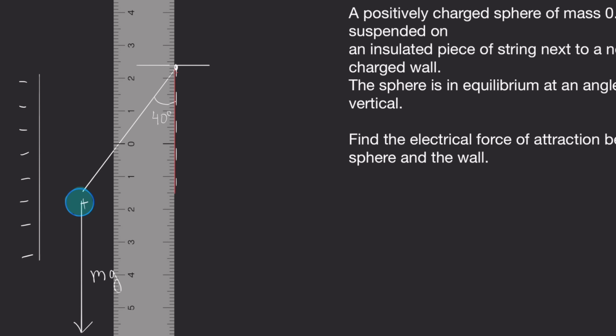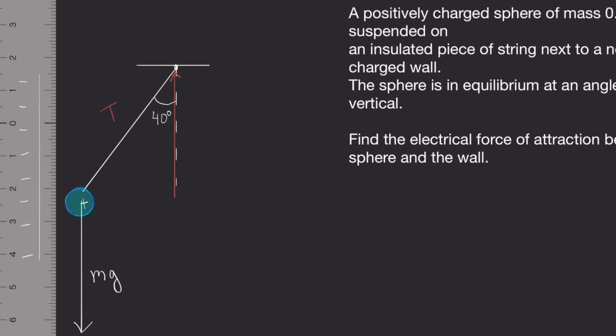So the tension can be resolved into two components. Let's call this one T. This one here could be T cosine of theta. So we can say that the adjacent component, T cos theta, is equal to mg.